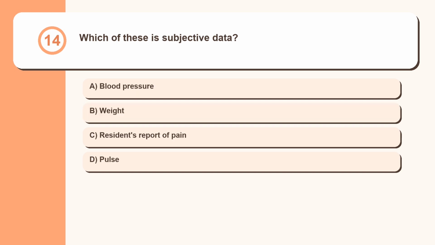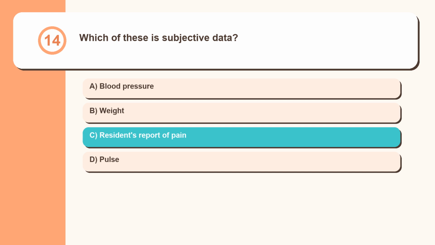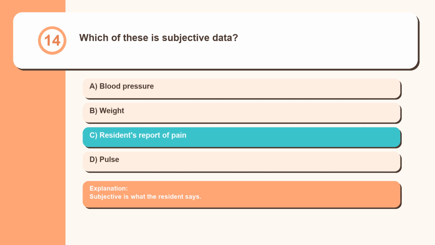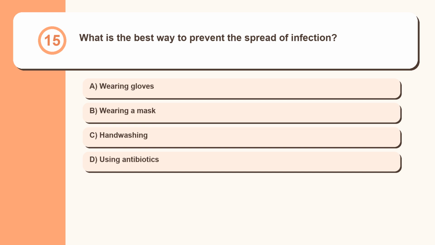Question 14. Which of these is subjective data? Blood pressure, weight, resident's report of pain, pulse. Subjective is what the resident says. Question 15. What is the best way to prevent the spread of infection? Wearing gloves. Wearing a mask. Hand washing. Using antibiotics.